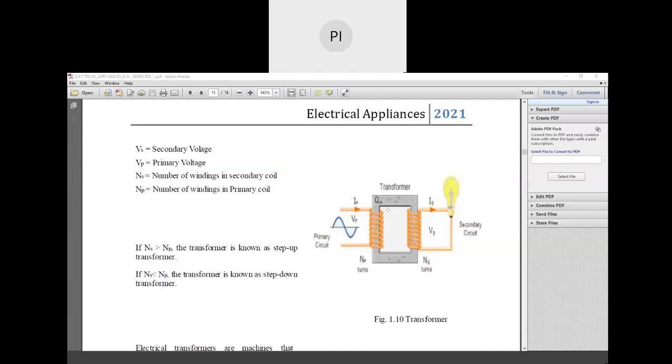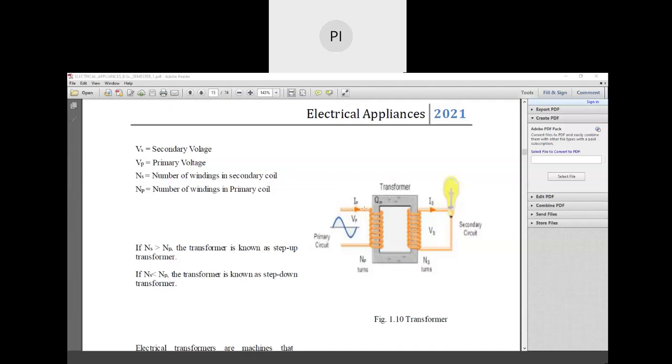Suppose the voltage is applied to the primary circuit. Automatically that transfers the electrical energy or voltage to the secondary circuit by the phenomena of self-induction as well as mutual induction. What is mutual induction?